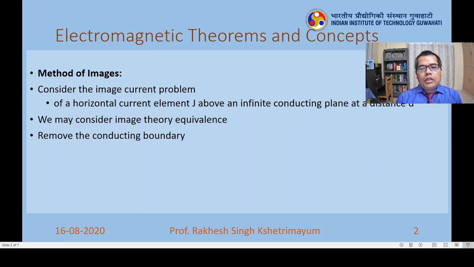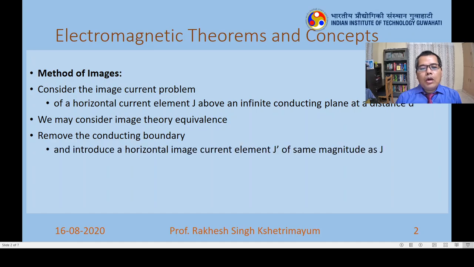When I remove this conducting surface, what was the boundary condition which was there on the conducting surface? The tangential component of the electric field was 0. But now if I remove the conducting surface, that boundary condition will not be satisfied with the original horizontal current element which was located at distance d above the infinite conducting plane.